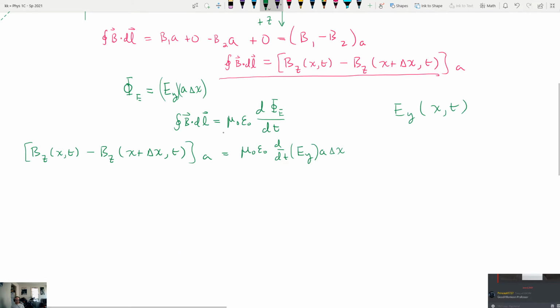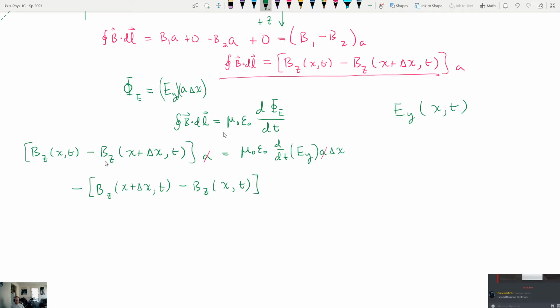Okay, now what we can do is cancel out the A's from both sides. And what we're going to have is this. I'm going to rearrange these to get this second term first. So I'm going to basically factor a negative sign out of the left side like this.